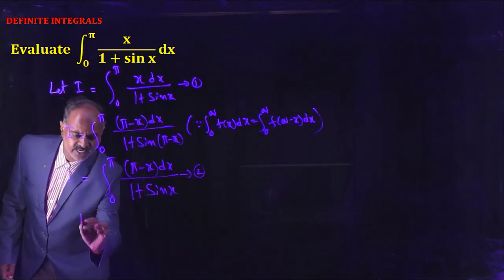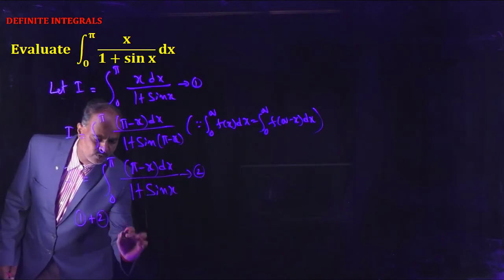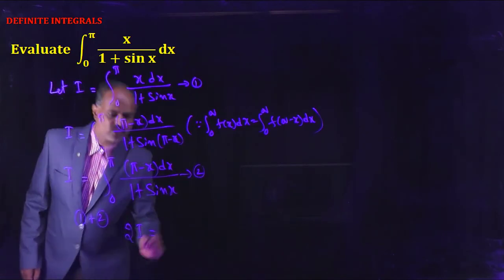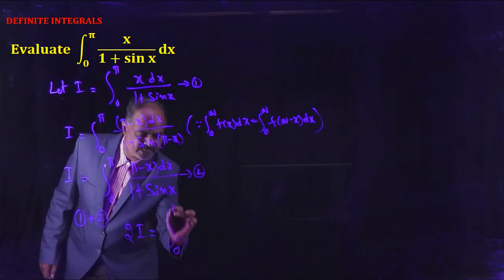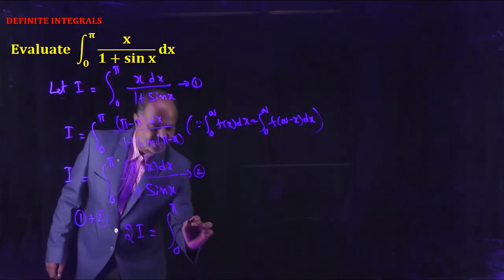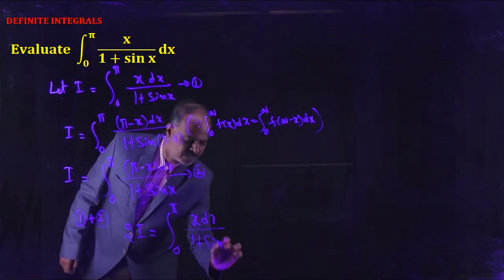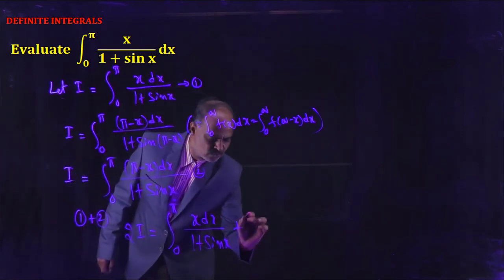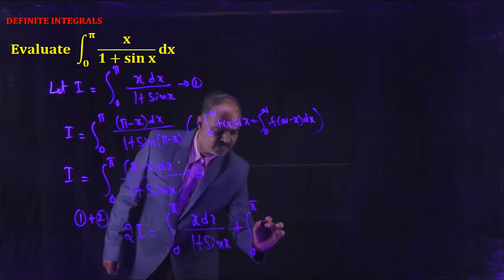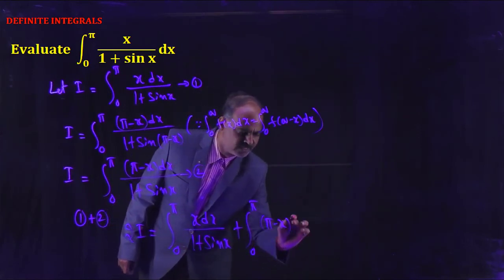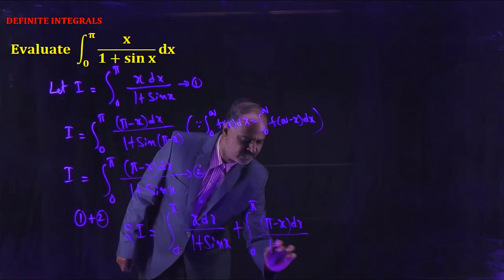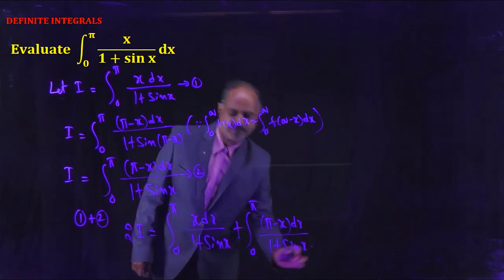Now adding 1 and 2, 2I is equals to integral 0 to pi x dx by 1 plus sin x plus integral 0 to pi pi minus x dx by 1 plus sin x.